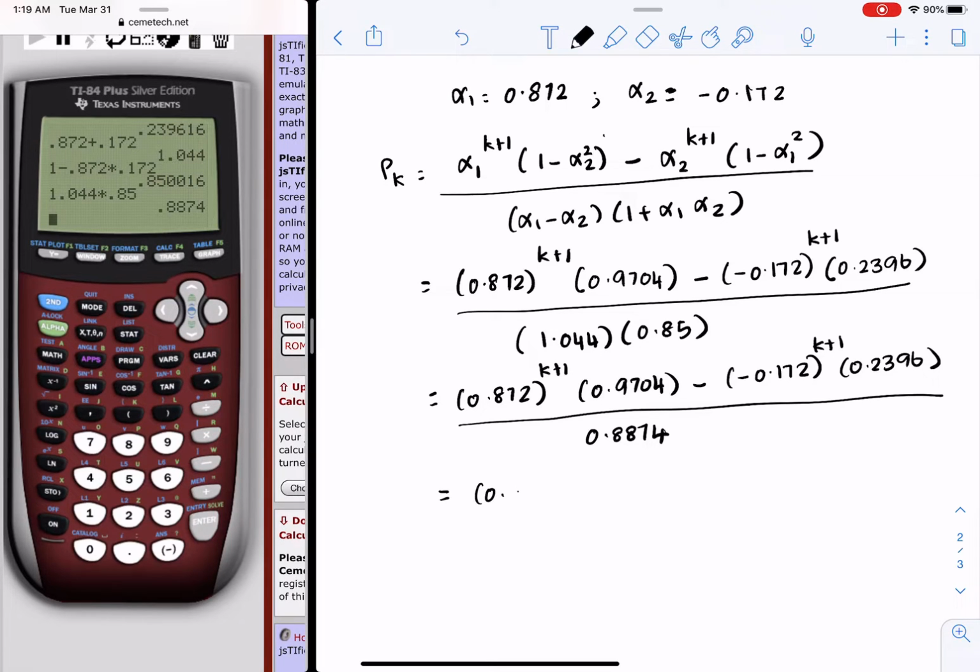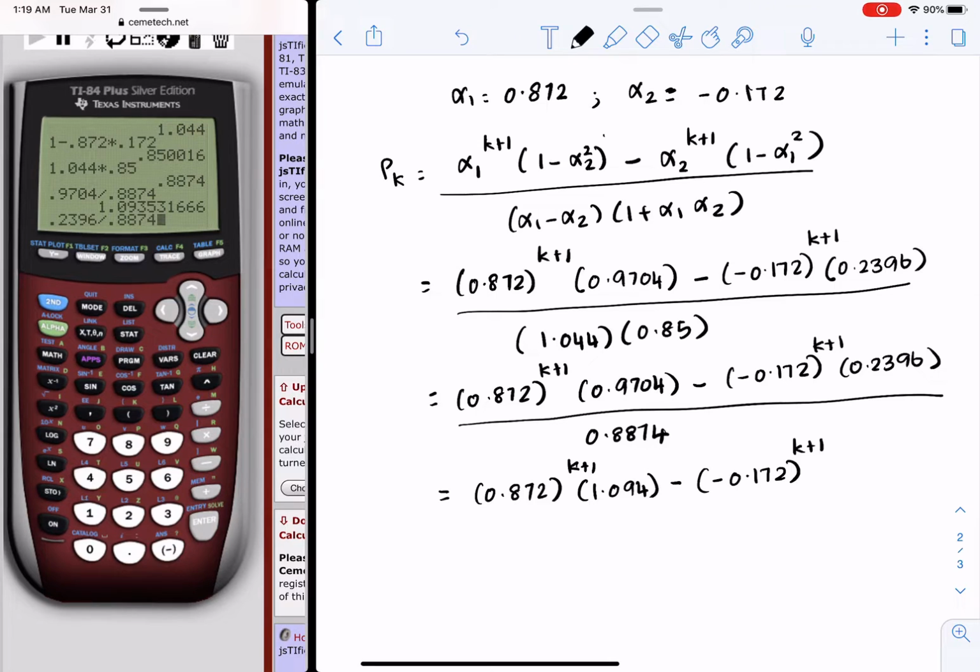So we end up having 0.872 raised to k plus 1 times 0.9704 divided by 0.8874, which would be approximately 1.094, minus negative 0.172 raised to k plus 1 times 0.2396 divided by 0.8874, which would give me 0.27.